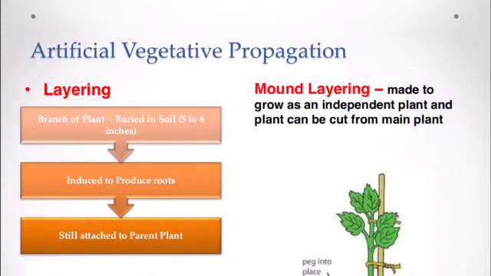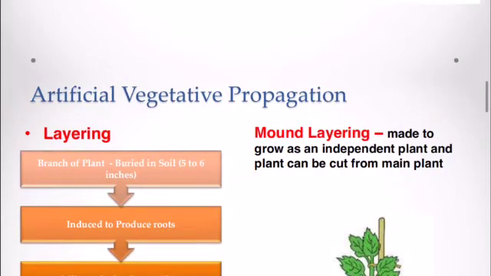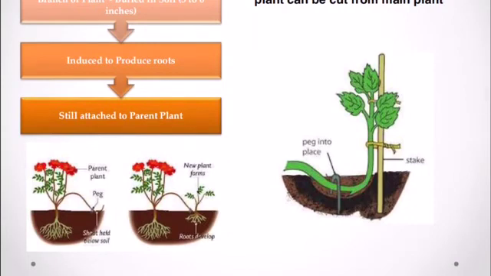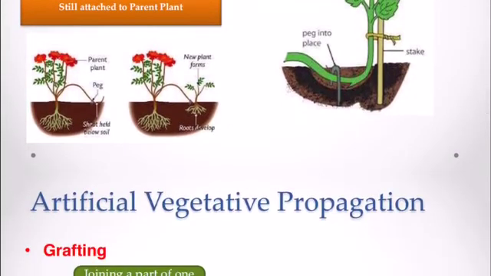If we talk about mound layering, it is made to grow as an independent plant and the plant can be cut from the main plant, right? So in mound layering the plant is cut from the parent plant. Okay. So the jasmine plant is generally propagated by the layering method. In layering, the example is jasmine.